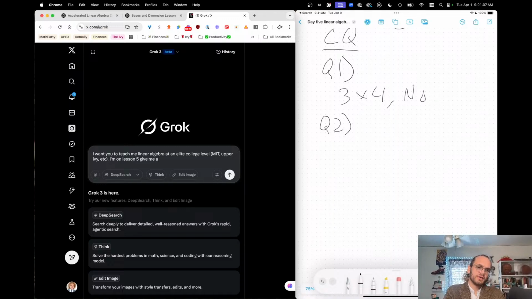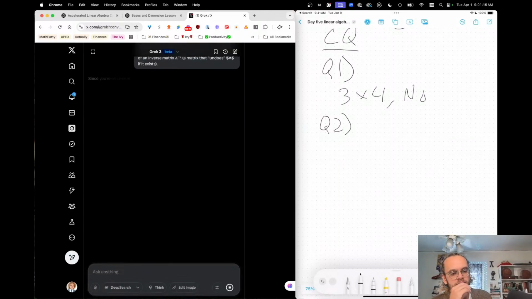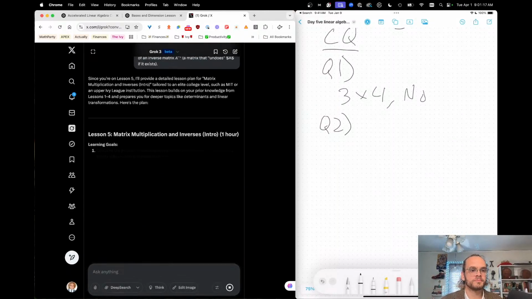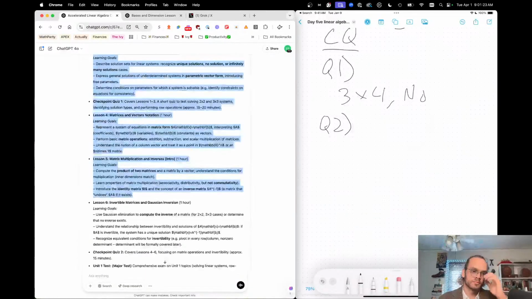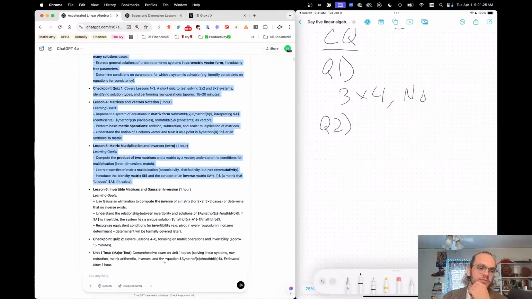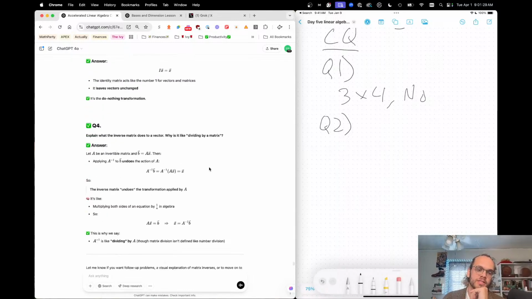Give me a lesson plan. Here are the first 5 lessons. See if it recognizes that. I like to understand what the determinant means a bit too, because I understand that it's useful for the formula, but what does it actually mean?